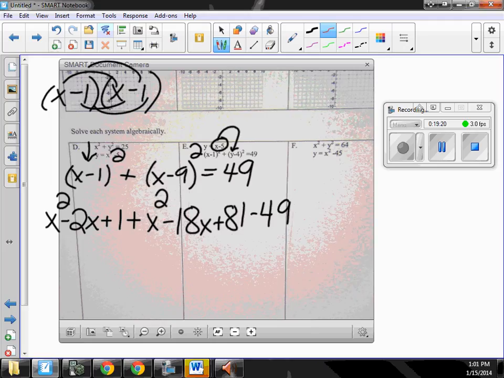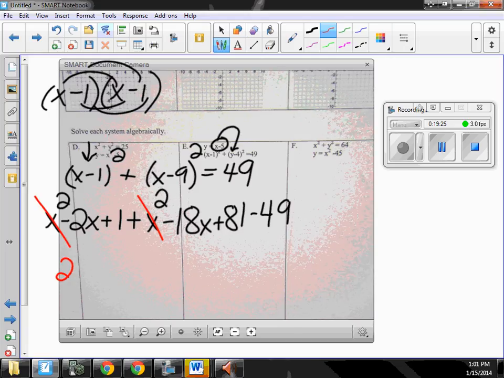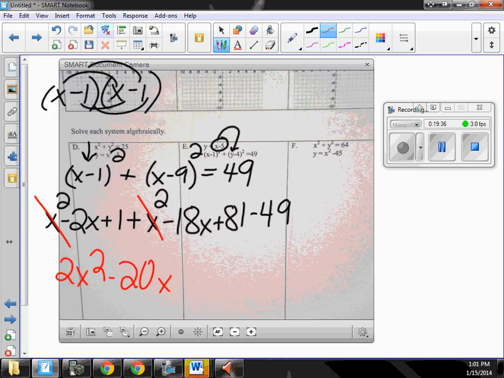Now we simplify. X squared and x squared make 2x squared. How many x's will I end up with? Minus 20x. What is my constant going to be? 1 plus 81 is 82, minus 49, plus 33.